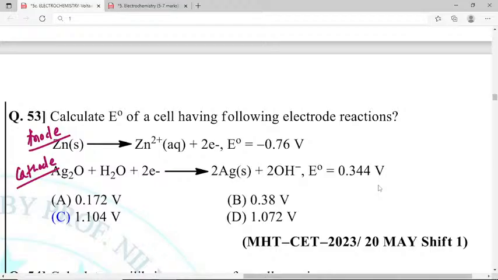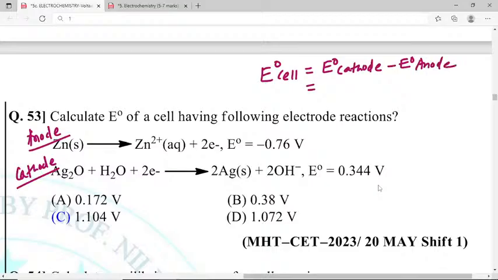How to identify the anode and cathode? Loss of electrons is oxidation, gain of electrons is reduction. So reduction acts as the cathode, oxidation acts as the anode. So I am labeling the anode and cathode. Calculate the E naught cell. So E naught cell is equal to E naught cathode minus E naught anode.